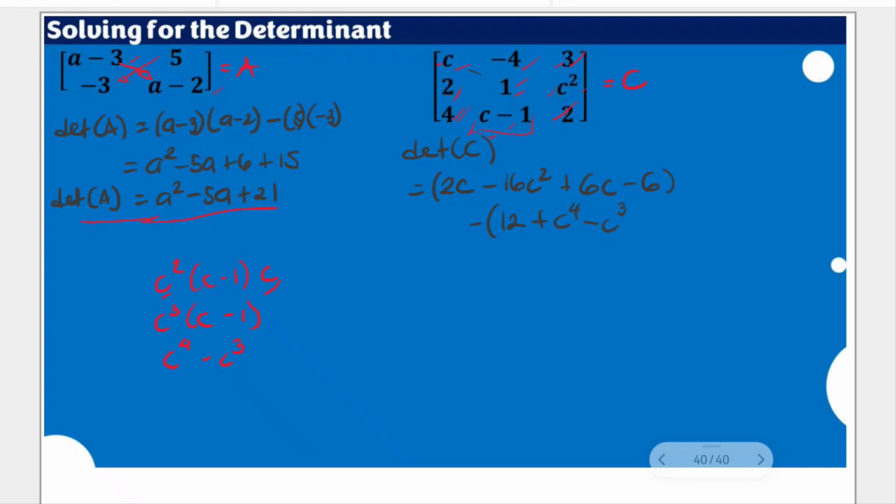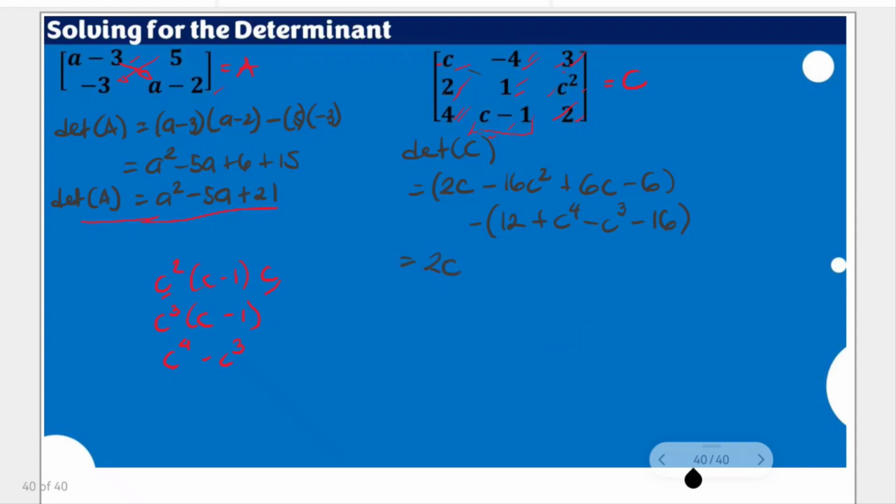And finally, for the last, you have 2 times 2 is 4 times negative 4 is minus 16. Sorry, my bad. Okay, so 2 times 2 is 4, yes. Then you break the grouping symbols.